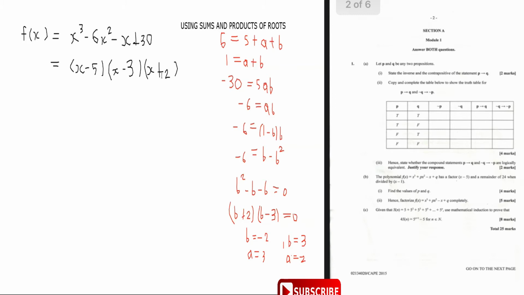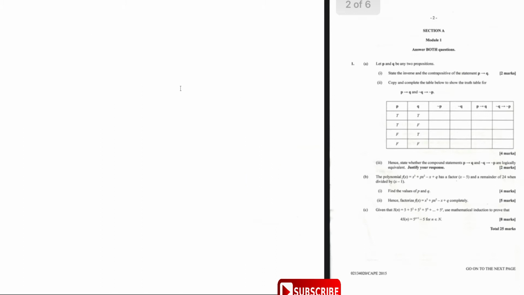Part C, now we're going to be doing using mathematical induction. Part C says, given that Sn is equal to 5 plus 5 squared plus 5 cubed, plus we keep on adding all the way down to 5 to the n.